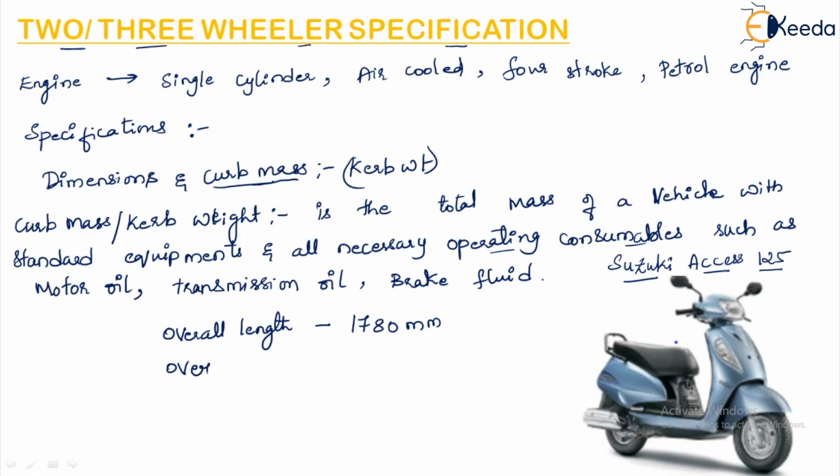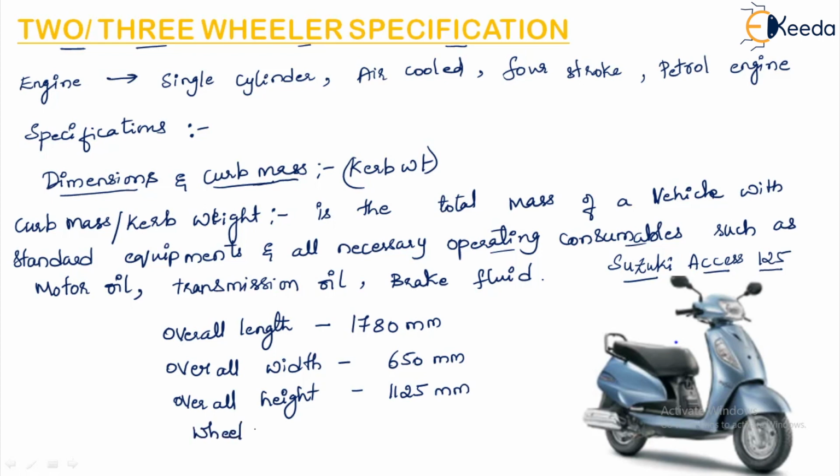Overall width, so this is the dimension and curb mass specification. Overall width will be 650 mm. Then overall height will be 1125 mm.